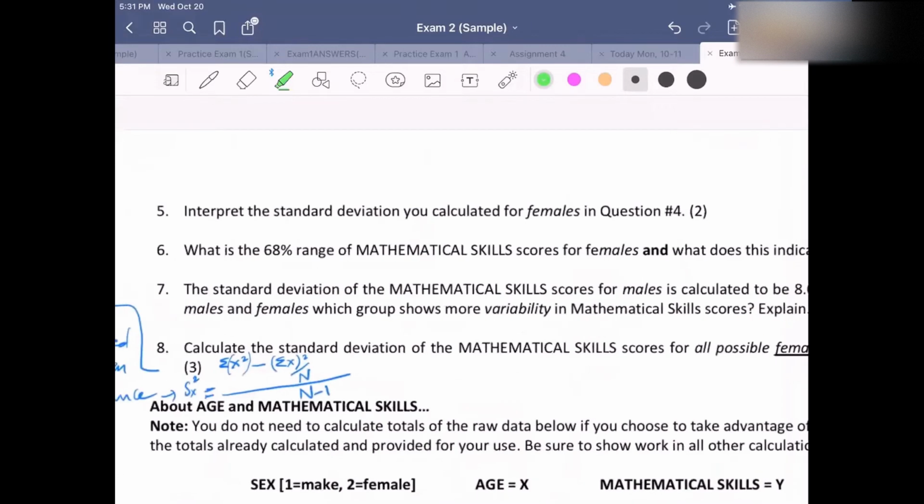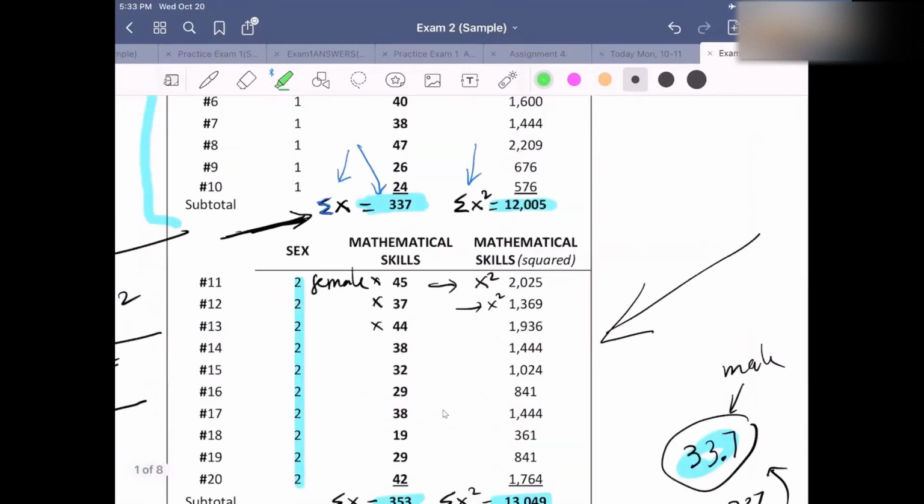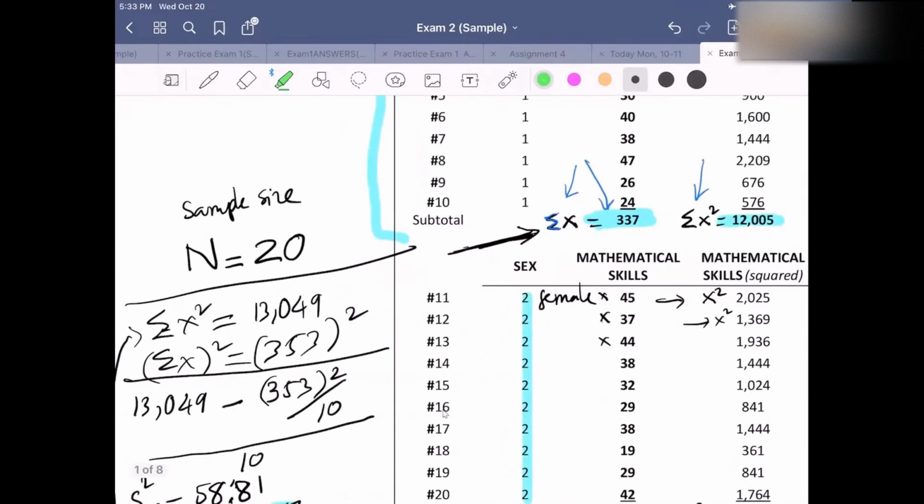Number 5, I'm going to have someone read it out loud for me. So you need to interpret the standard deviation you calculated for females in question 4. The standard deviation that you just found is this one.